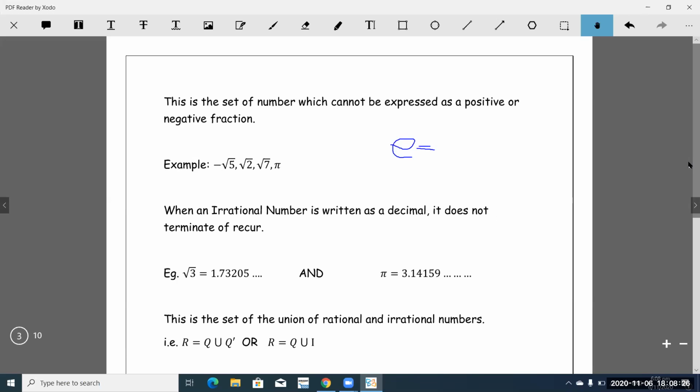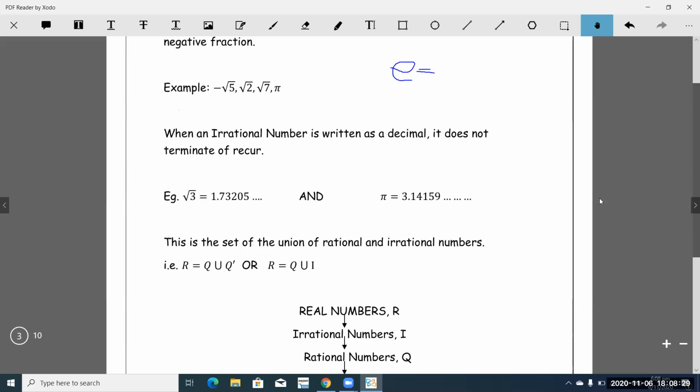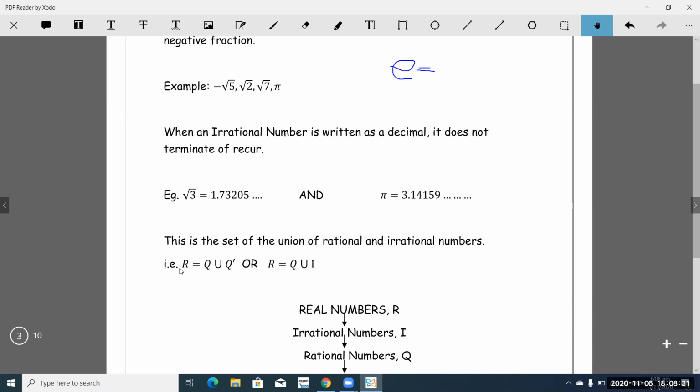In set notation, we say that the real numbers is the union of our rational and our irrational numbers. And that's the set of real numbers.